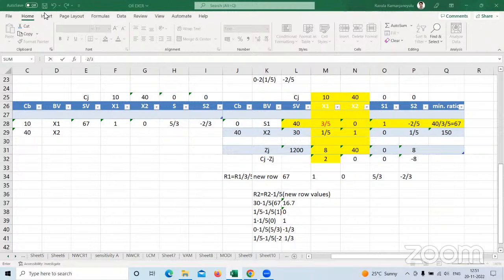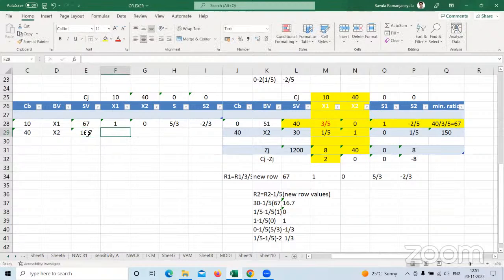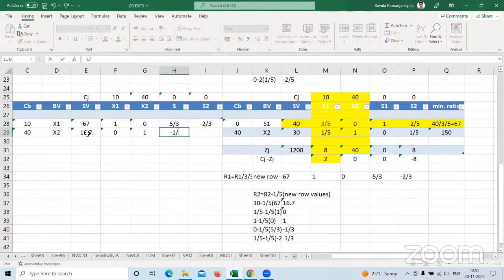That is the new row values, and the other row values which we got here as second row values: 16.6, that is 16.7. We considered 0, 1, minus 1 by 3, and here it is plus 1 by 3. These are the values which we got.